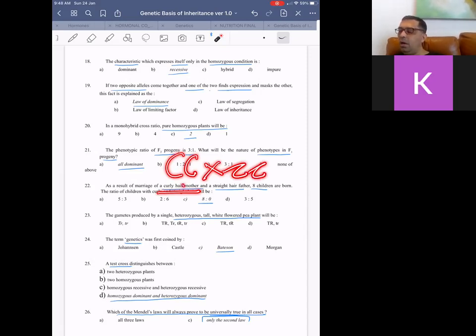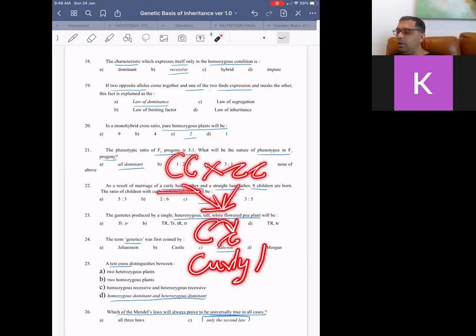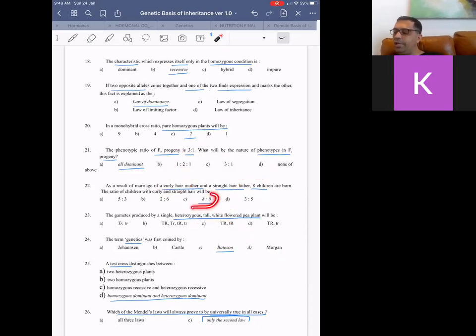What will be the next generation? Capital C small c, of which capital C will become dominant over small c, and that means this will be curly, but a hybrid curly. And all the children born are with curly hair. So what is your answer? 8:0.